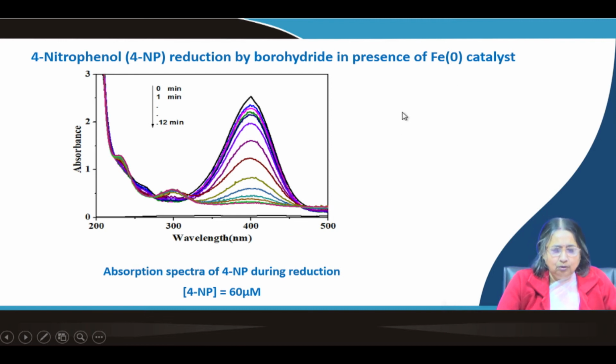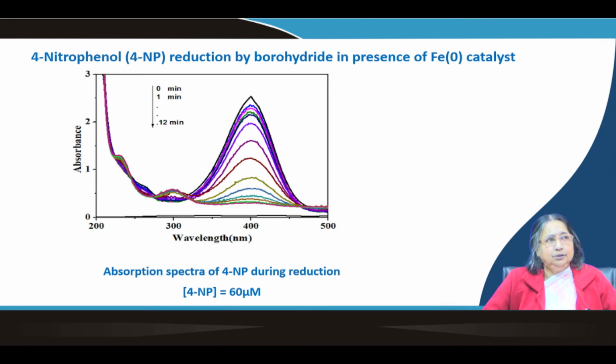Now, this is the spectrum of nitrophenolate. Why nitrophenolate? Because as soon as you put the borohydride, the medium will become alkaline, so nitrophenol will be automatically converted to phenolate. That is why the spectra you are getting is the absorption spectra of nitrophenolate.